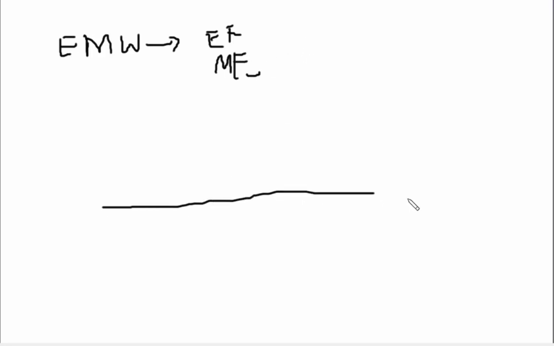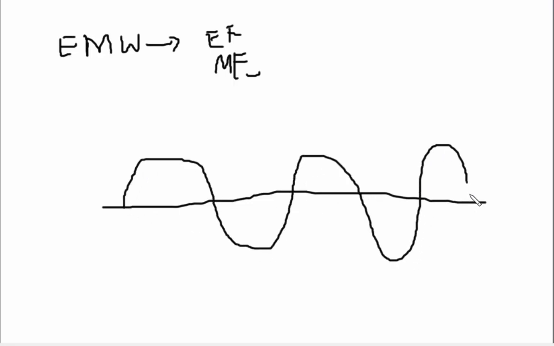Suppose this is my frequency signal, this is the electric field, let's consider. Then the magnetic field will be like this.